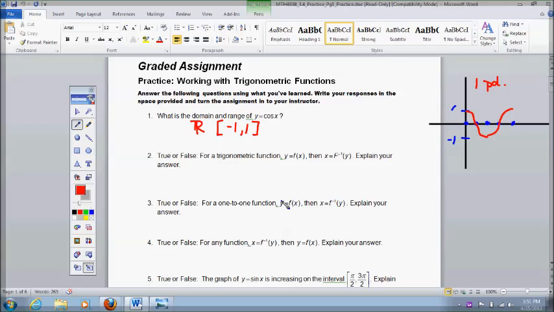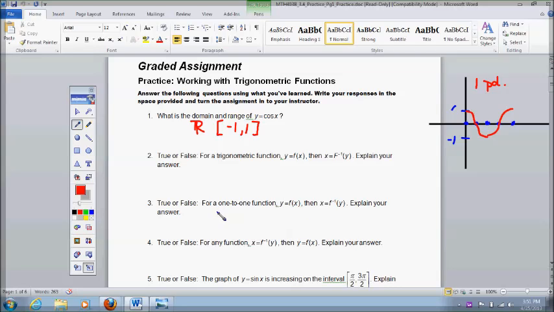I'm going to skip ahead here and look at number 3 before I look at number 2. It says true or false. For a one-to-one function, if y is equal to f of x, then x is equal to the inverse of y. What this is saying is that we have this function y is equal to f of x, and when we solve for x, what we've done is we've taken the inverse function of y. And it's one-to-one. What it means by one-to-one is this.